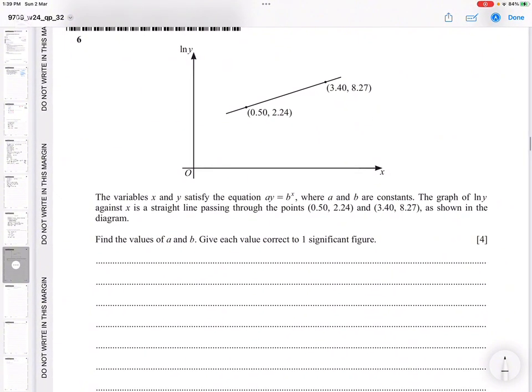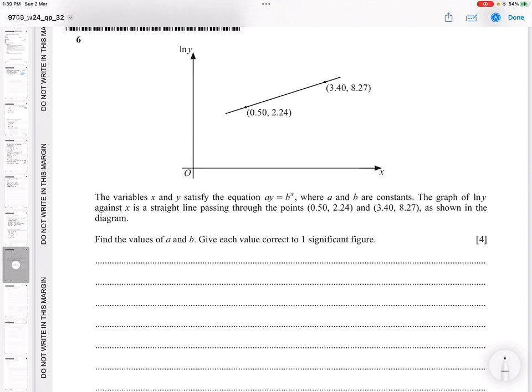The variables x and y satisfy the equation ay equals b power x, where a and b are constants. The graph of ln y against x is a straight line passing through these points as shown in the diagram. Find the values of a and b. Give each value correct to 1 significant figure.